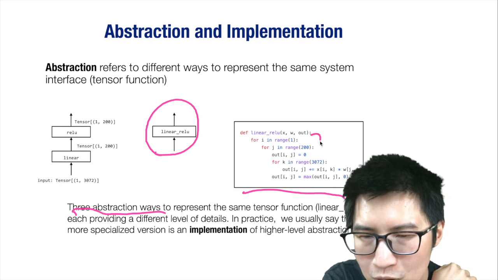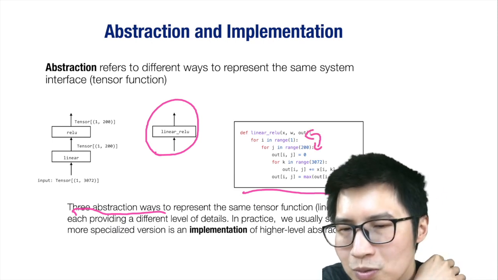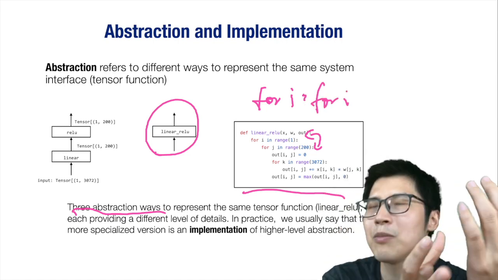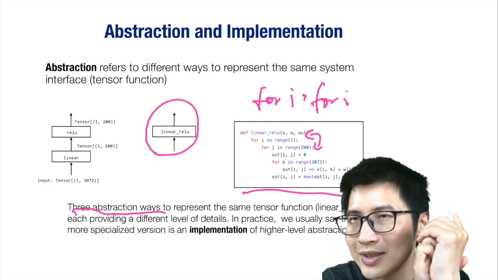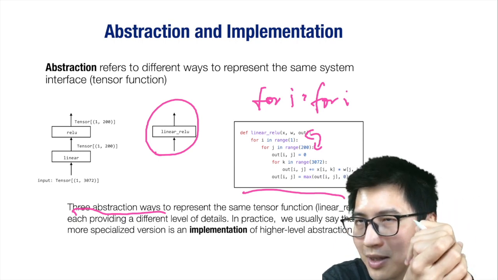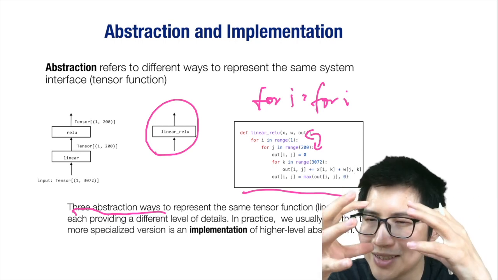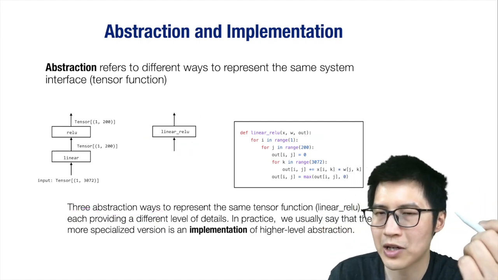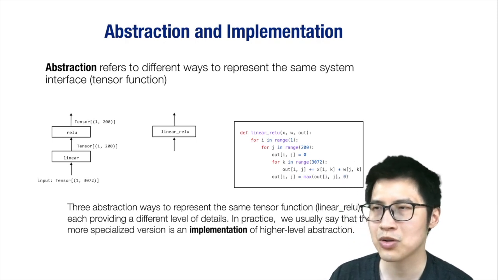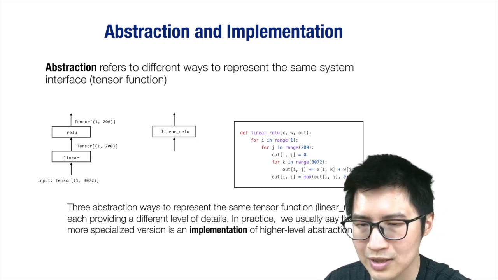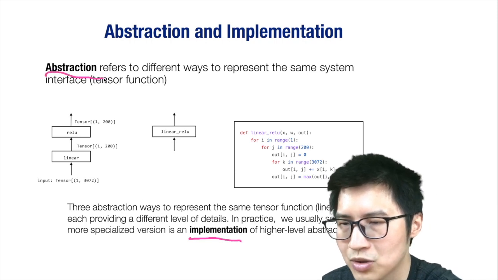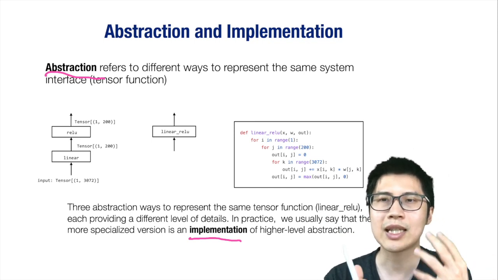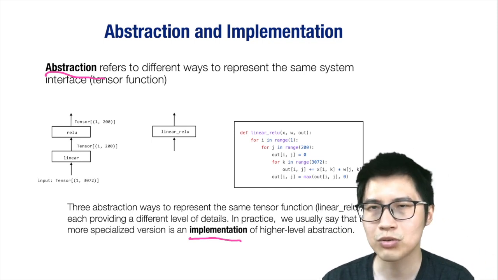For example, if I swap these two loops into something like for j and then for i, it's going to give me the same program output for any of the input pairs. So there are different abstractions. Some of them are more detailed than others, or more specialized. In the machine learning systems land, we usually say that the more specialized version is an implementation of the abstraction. Now, this concept of abstraction and implementation is going to be the key concept we use through the course of this lecture series.